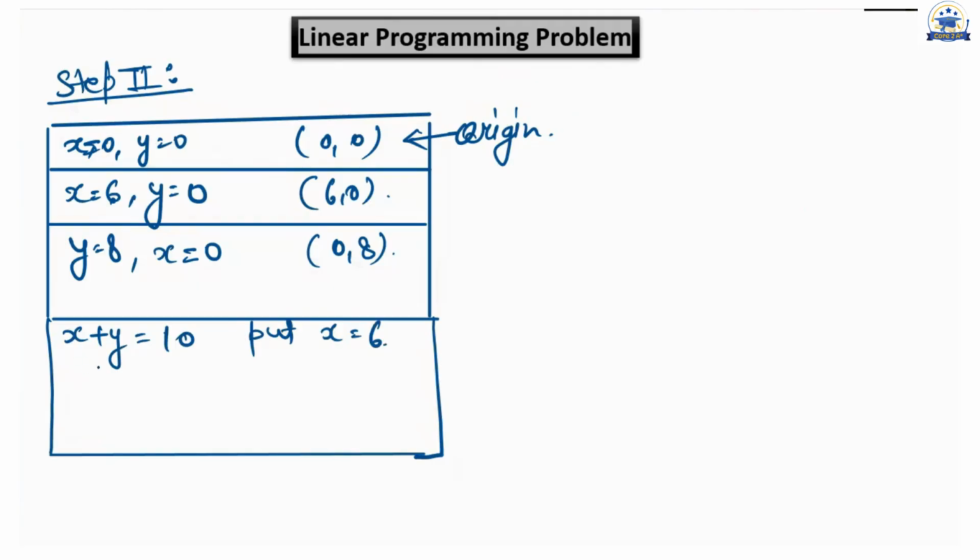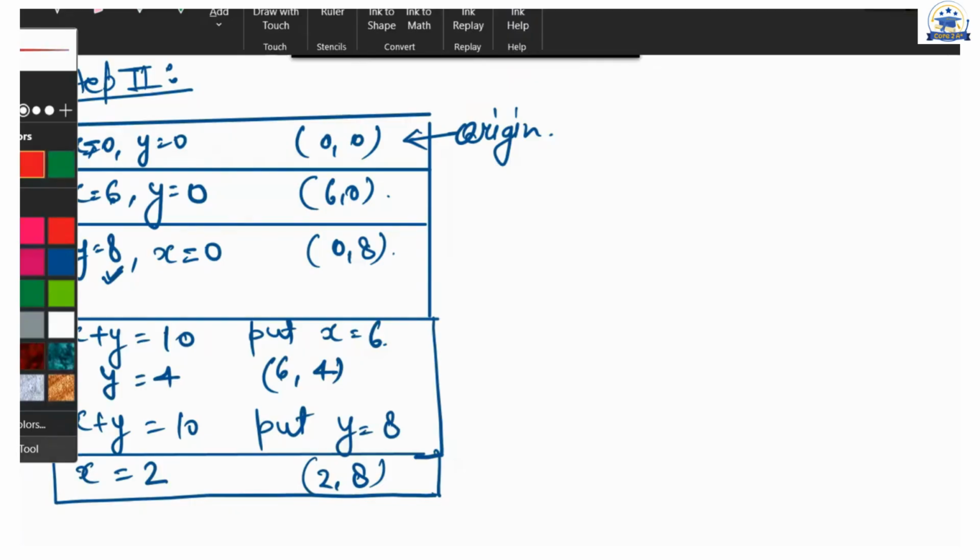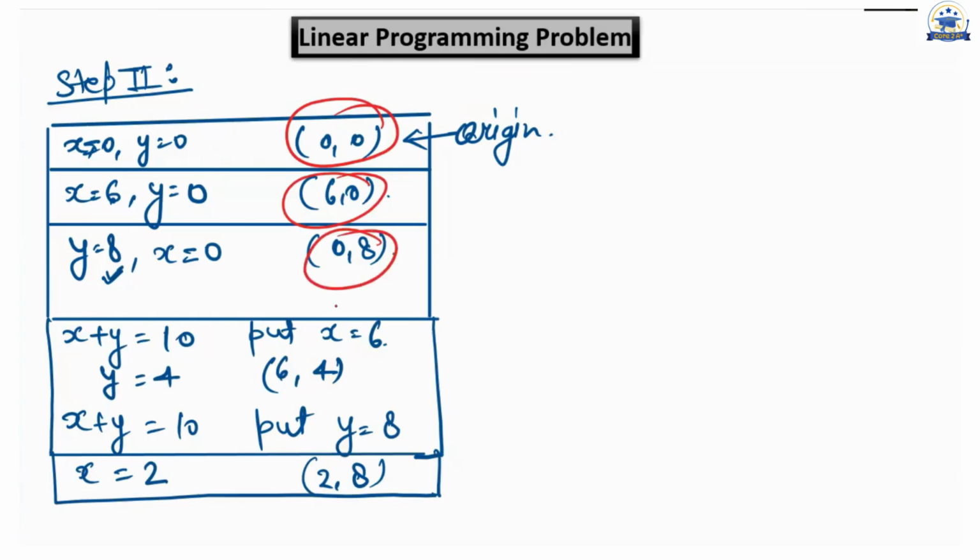If we put that, what will we get? Y equals 4. So the coordinate would be 6, 4. Am I right? Yes, I am. Similarly, in the same equation, if we put y equals 8, this one, the x value would be 2, right? And the coordinate is 2, 8. So how many coordinates do we have over here? 1, 2, 3, 4, and 5. Okay.